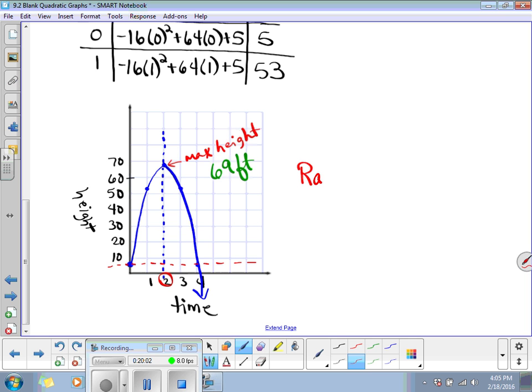So the range of the function is y is greater than or equal to 5, and y is less than or equal to 69. And there are your range values.